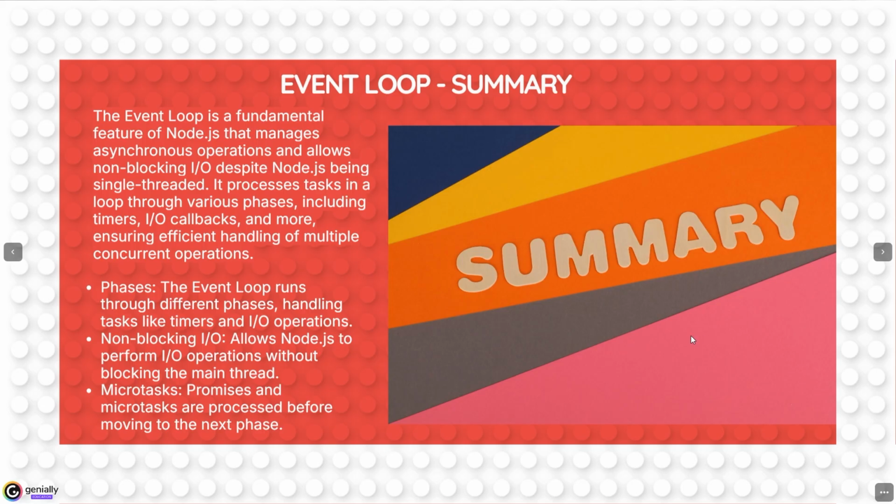Let's remember the keys here. Phases. The event loop runs through different phases, handling tasks like timers and I/O operations. Non-blocking I/O allows Node.js to perform I/O operations without blocking the main thread. Microtasks. Promises and microtasks are processed before moving to the next phase.